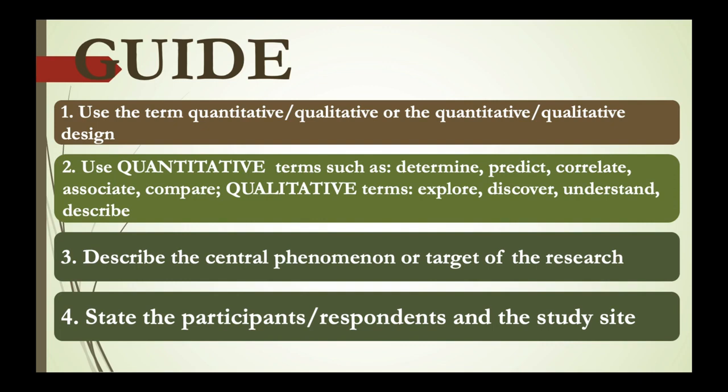Again, use the term quantitative or qualitative research design. Use quantitative terms such as determine, predict, correlate, associate, or compare. For qualitative, use explore, discover, understand, and describe. After that, describe the central phenomenon, state the participants or respondents, and you may also include the study site.